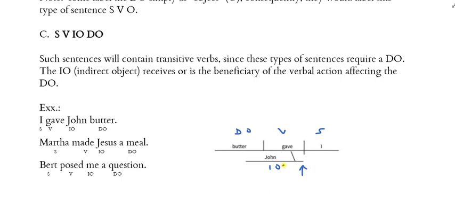Okay? If you were to just flip this up into its mirror image, it would almost look like a dalet with that little overhang. Remember that? Just like that. So anyhow, I gave butter, and John is the recipient. So I gave John butter.